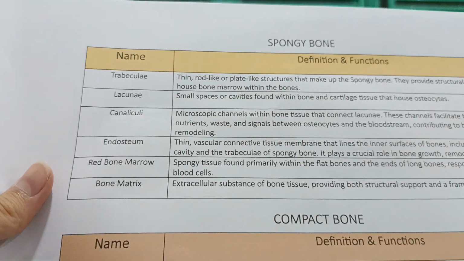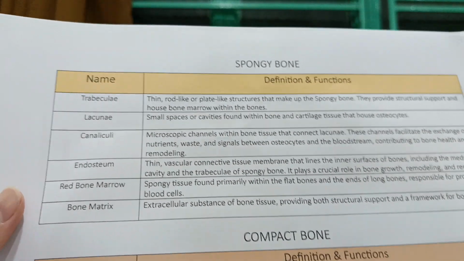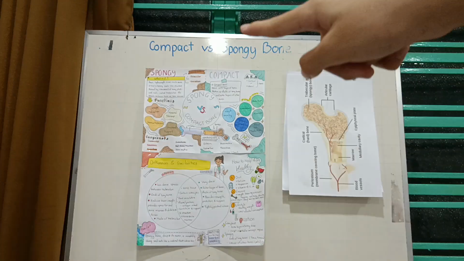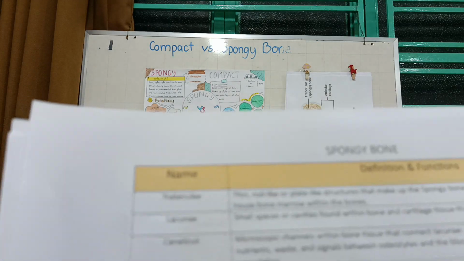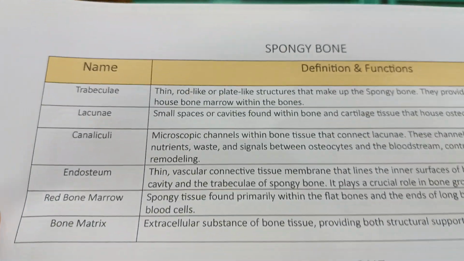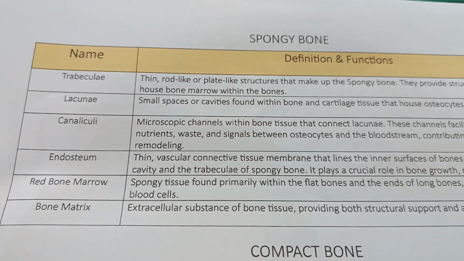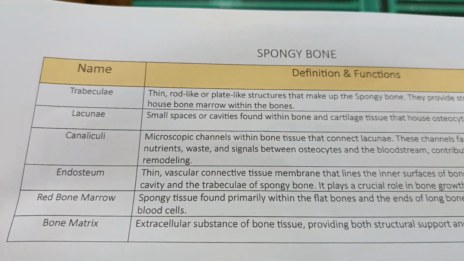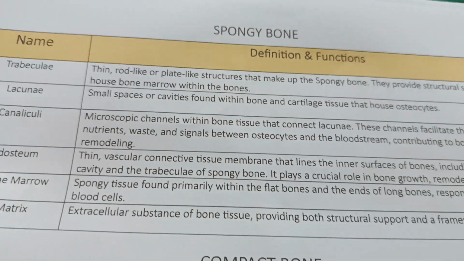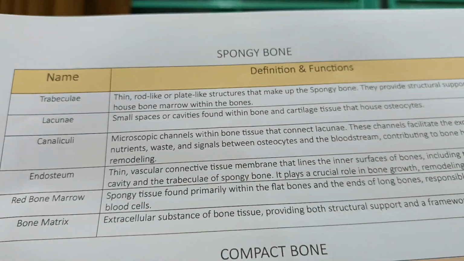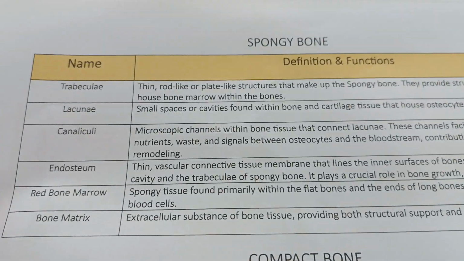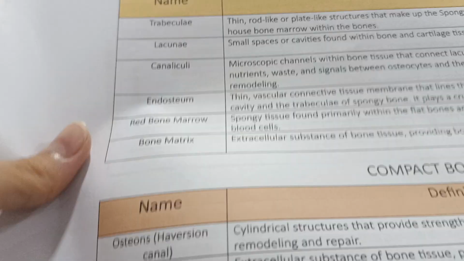The canaliculi, on the other hand, as you can see, there's also one part there. They are the microscopic channels between the bone tissue that connect to the lacunae. These channels facilitate the exchange of nutrients, waste, and signals between osteocytes, which are a kind of bone cell, and the bloodstream, contributing to overall bone health and remodeling.